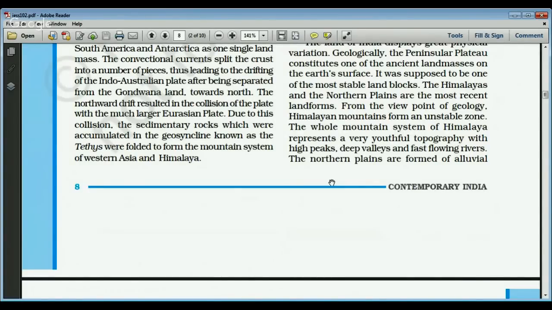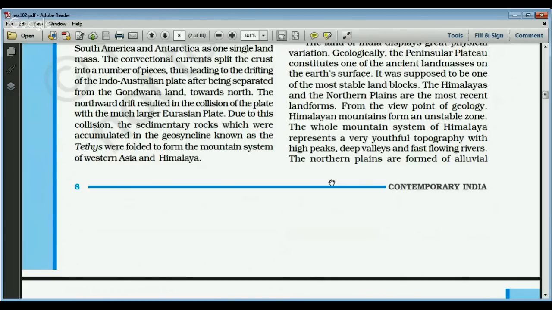It is said that the Indo-Australian plate is still pushing the Eurasian plate, and that is why major earthquakes occur in the region of Nepal and other surrounding regions, in Tibet, and in some northern parts of India like Jammu Kashmir, Himachal Pradesh and Uttarakhand, and in some mountains of Pakistan.